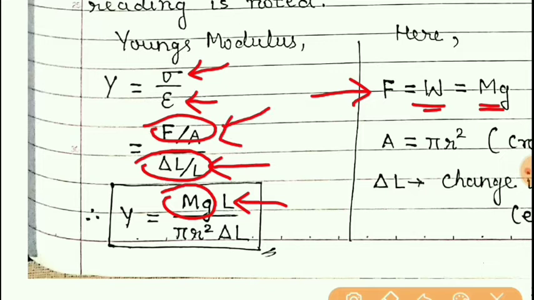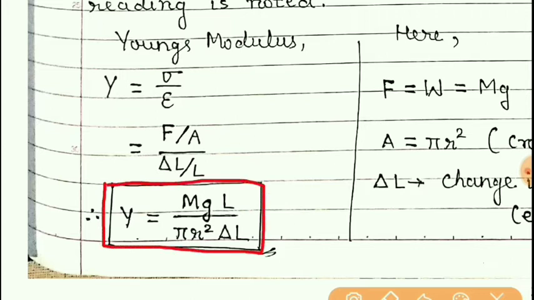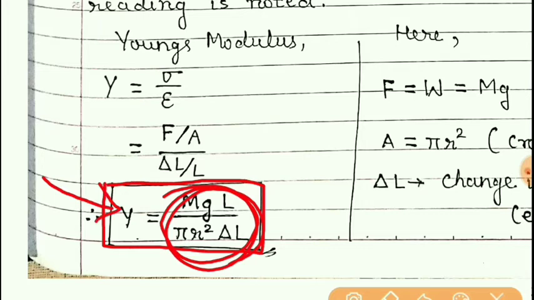Area A, this area is cross sectional area, so it is pi r square, and delta L as it is. So we get this equation for the Young's modulus for a given wire. Now putting all these values obtained from the experiment, we can calculate the Young's modulus of any given wire.